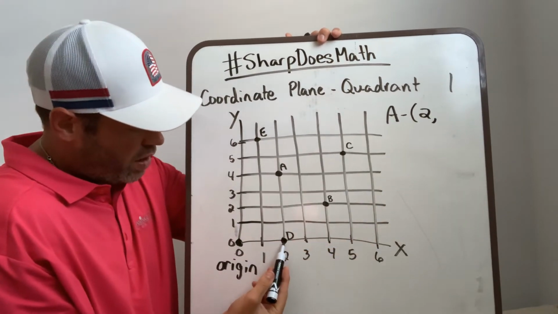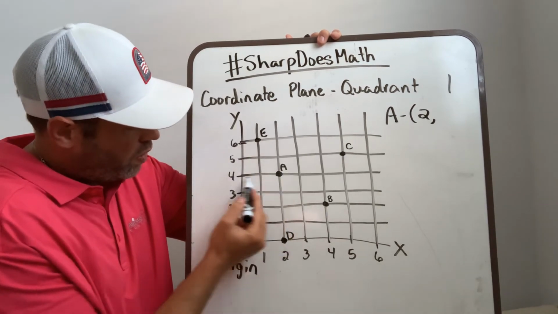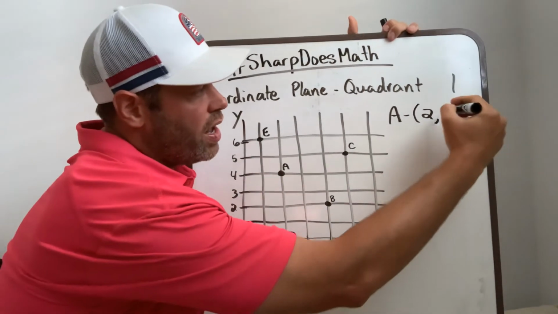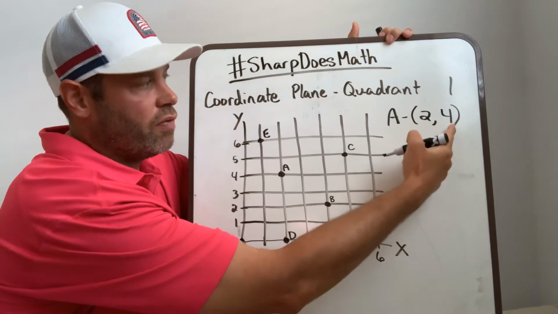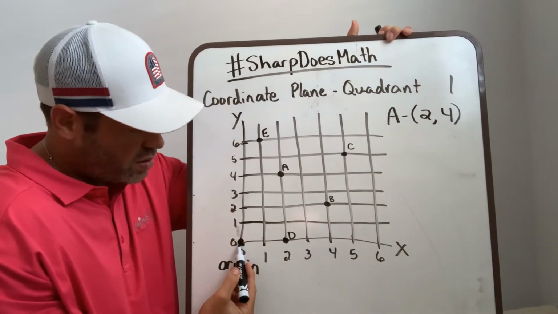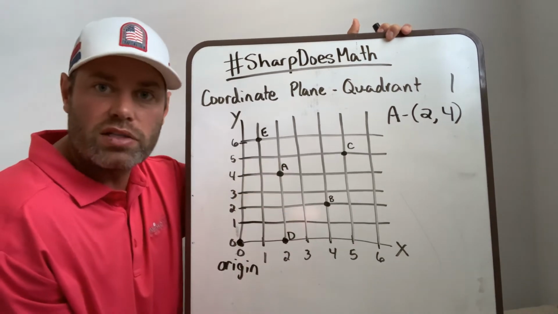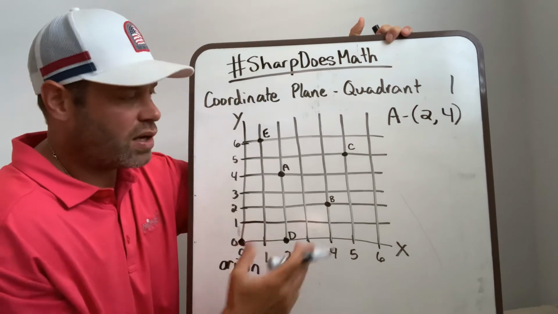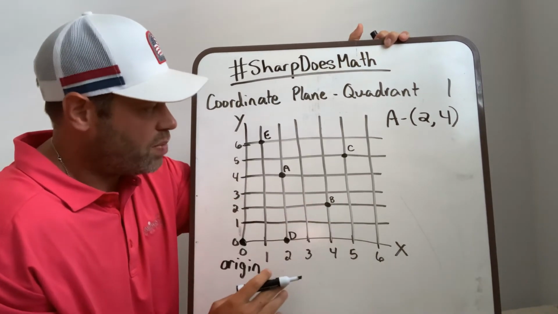And then from there, I'm going to use the y-axis. So 1, 2, 3, 4. You can see I'm at the 4 on the y-axis. So A is located at 2, comma 4. You start at the origin, you go to the right 2, you go up 4, and that's how you get to point A. All right, so I'm just going to go through this with all these points, and that'll pretty much wrap it up.